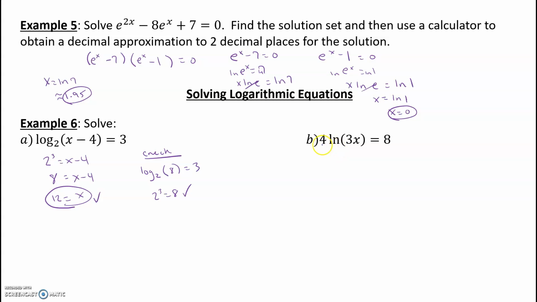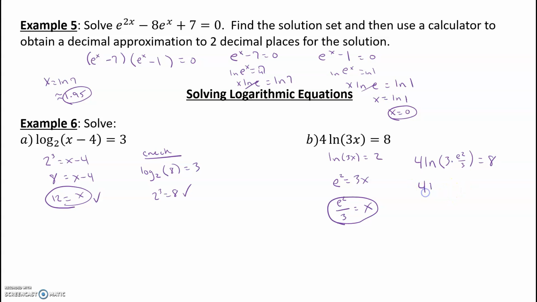Here I'm going to divide both sides by 4. So we get 2. Remember your natural log, your base is e, so e squared equals 3x. And divide both sides by 3, so x equals e squared over 3. You can still plug this in and check: natural log of 3 times e squared over 3 has to equal 8.